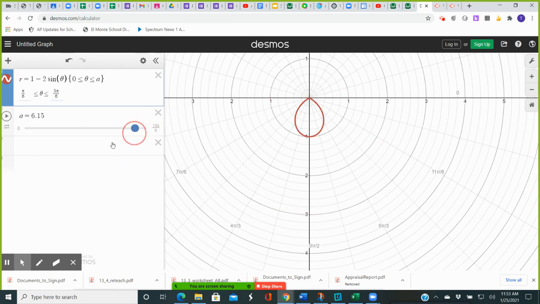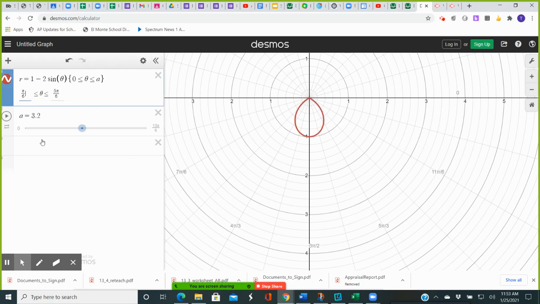So the problem that we're dealing with requires us to have two integrals. One will give us the area of the inner loop, and the other will give us the area contained by the outer loop. But in our problem, we want to find the area of the region that is between the two loops, so we have to subtract those two areas.